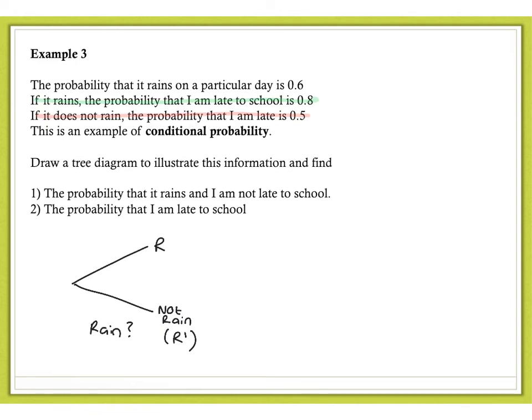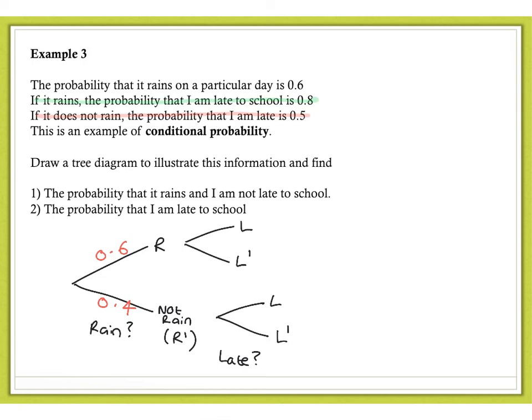Now, the probabilities here are 0.6 and 0.4 as decimals. You do not have to convert those to fractions. Now, the next events that we look at are whether or not we're late. So we can have late, not late, late, and not late.